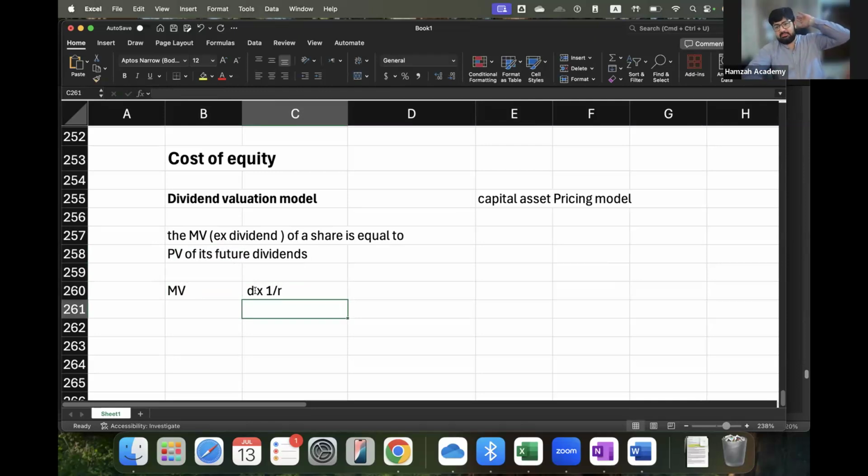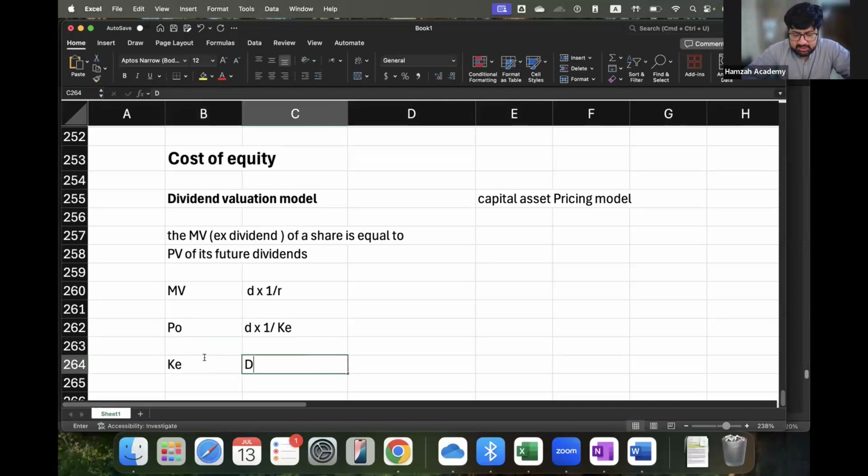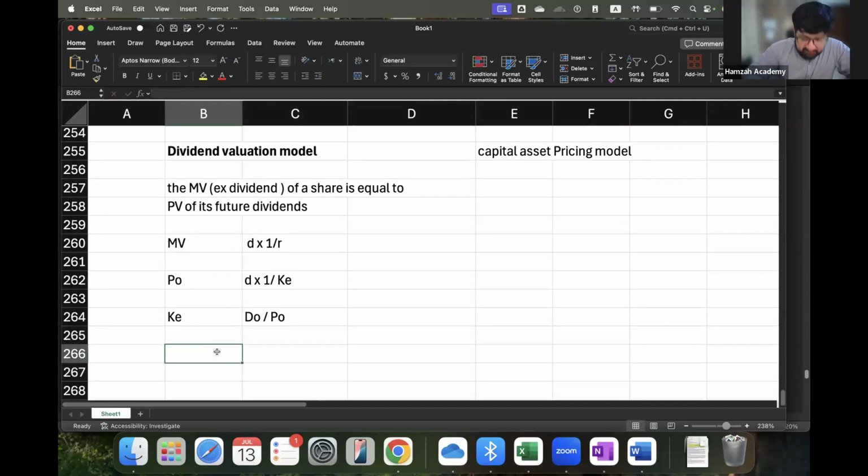So price of a share is D into 1 over cost of equity. R is the cost of equity here. So cost of equity is equal to D naught, the current dividend which is paid constantly every year, over P naught, the ex-dividend price.